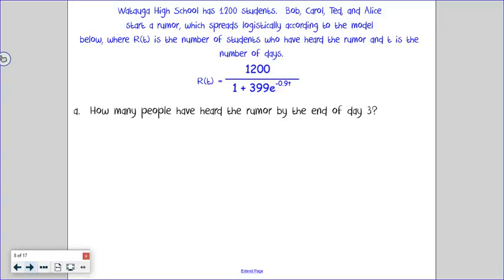So again, a good chance for us to make sure that we can get this typed into our calculator correctly. We are starting this example by just evaluating for T of 3, R of 3.